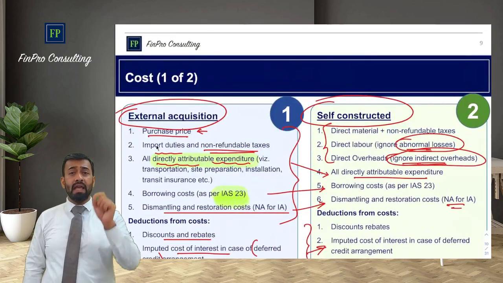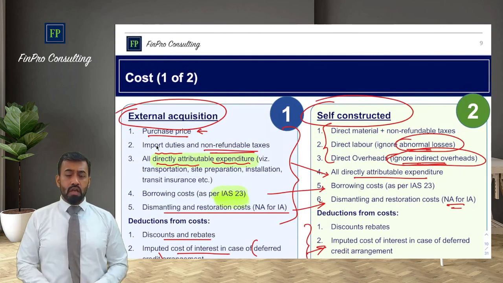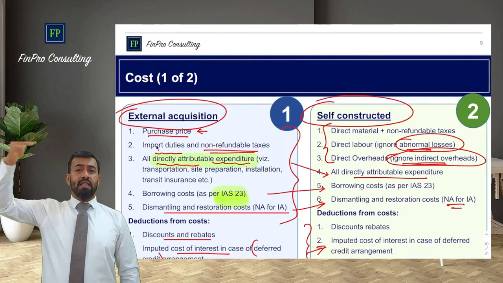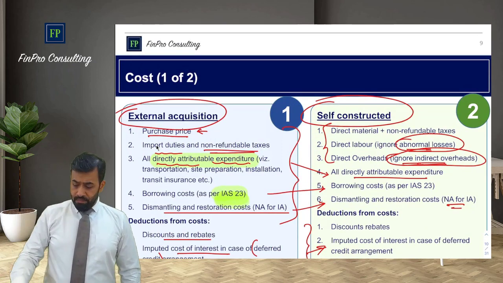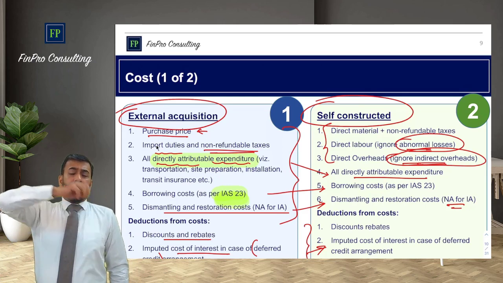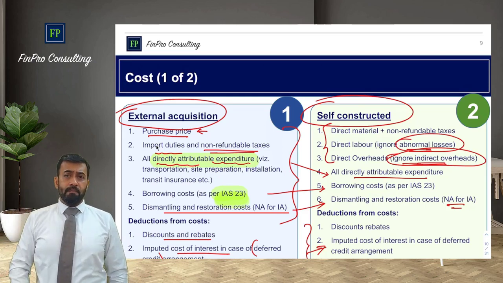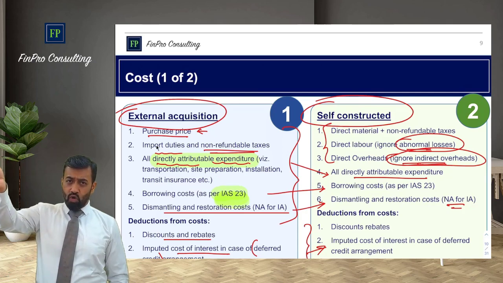Why? I will tell you and explain the logic behind this. Think about this. Whenever you purchase the asset externally or you construct the asset on your own, what is the basis for the purchase price you pay? What is the basis for the purchase price you pay from your own pocket?